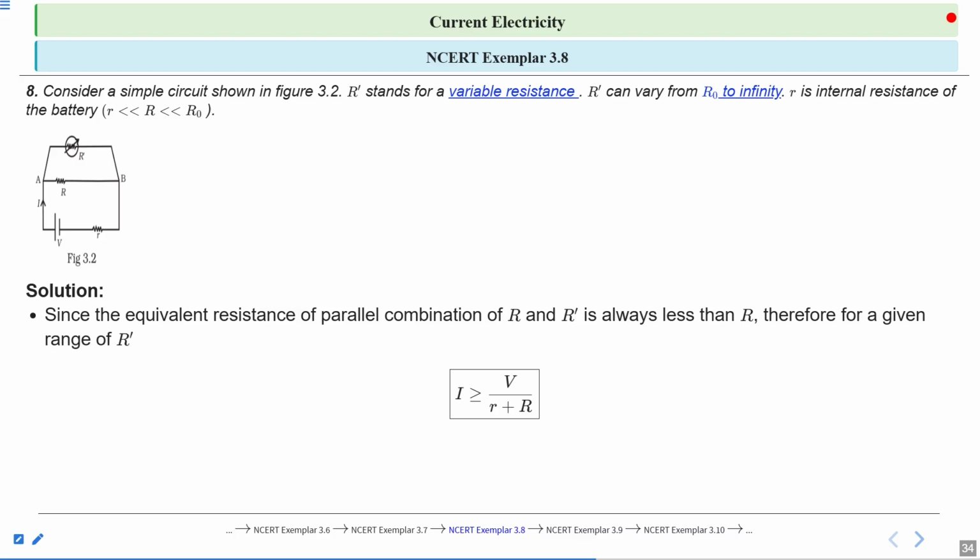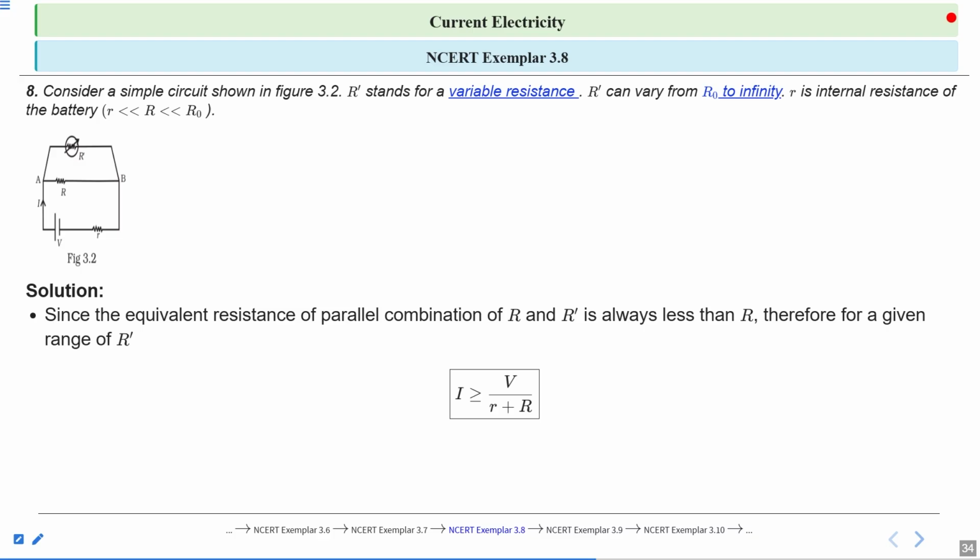Are you understanding? The initial equation was I equals V upon small r plus R equivalent. R equivalent is always less than or equal to capital R, the fixed resistance. But if we replace R equivalent in this equation with R, then the current will always be equal to or greater than that. What is the equal condition?